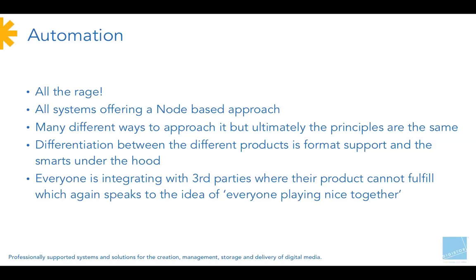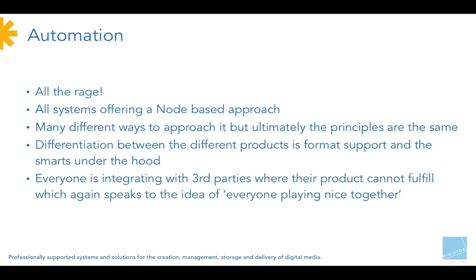So really, all the systems that we'll be showing here have the principle of a node-based approach. And what I mean by a node-based approach, and you'll see a graphic in a second, is giving you a visual representation of how your material comes in, how it is affected, how it has changed, and then how it's output.